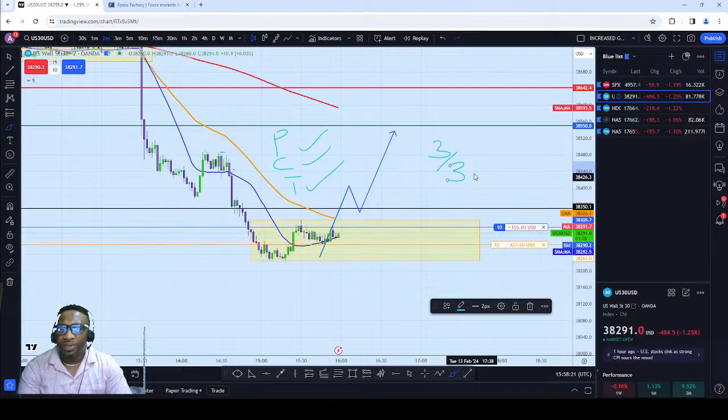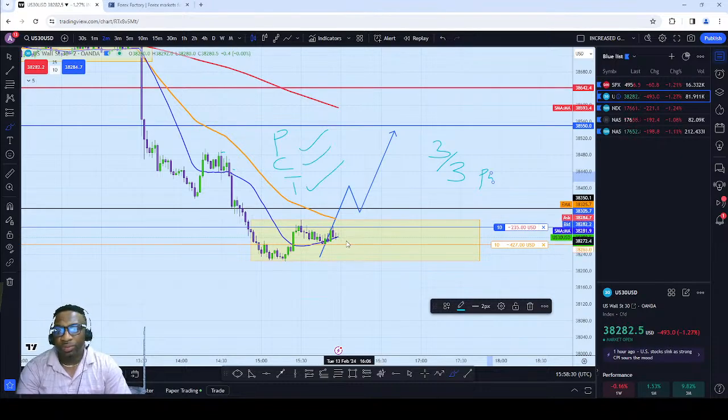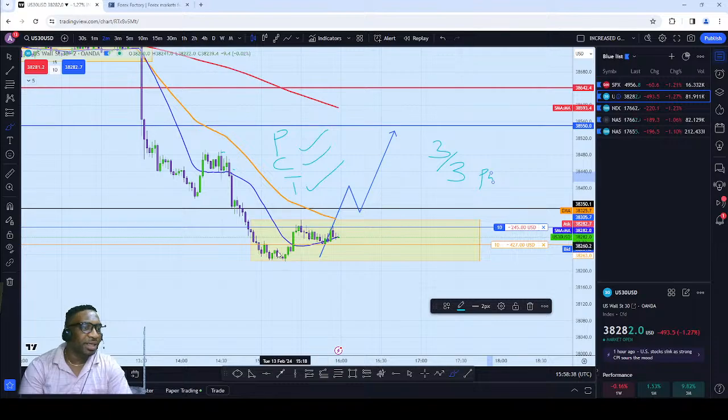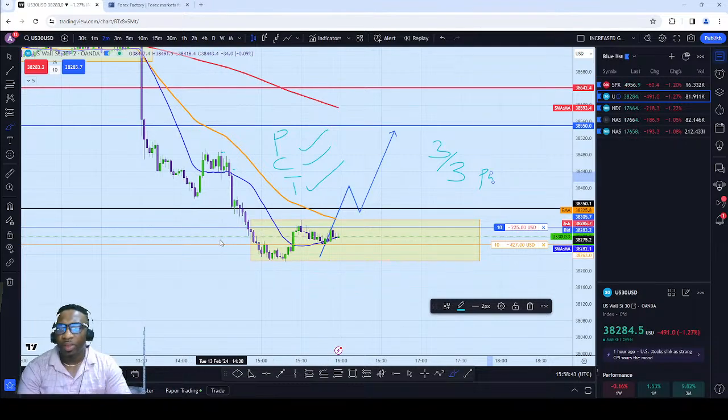Once we have this, it's a pass. The only thing we are waiting to see is whether it's going to consolidate or move up straight as NAS has done.